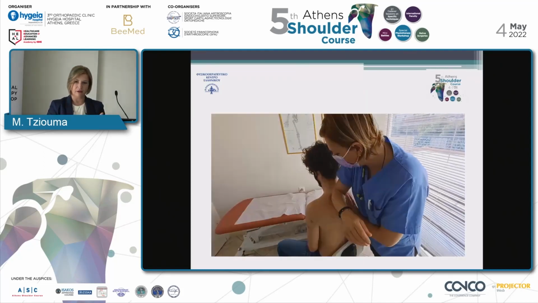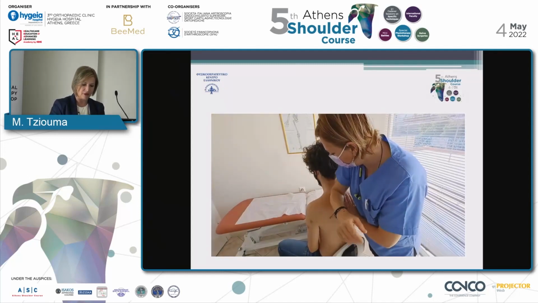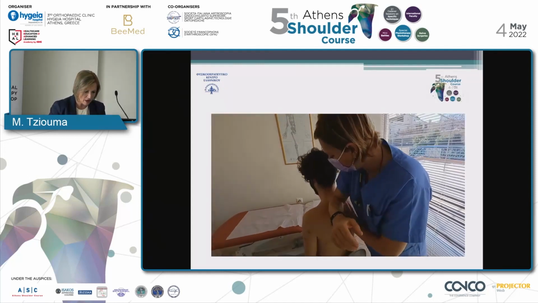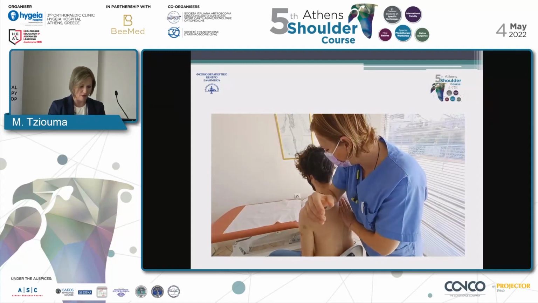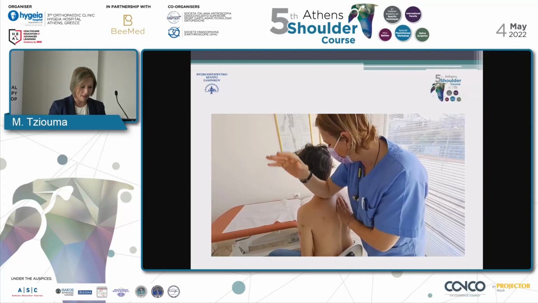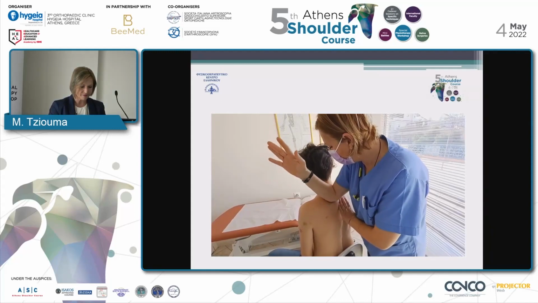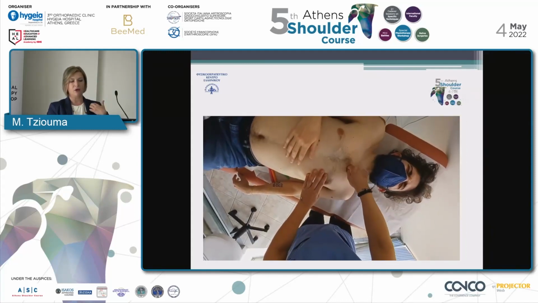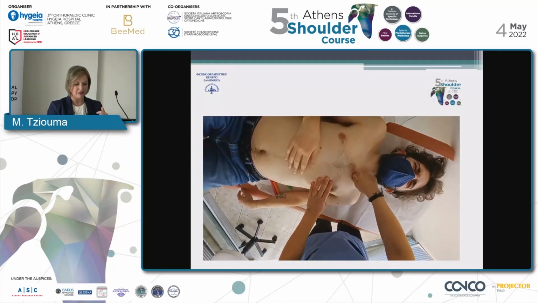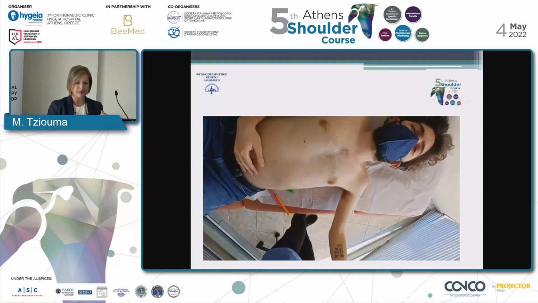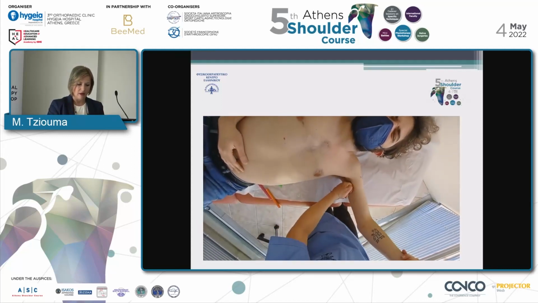Here is the method in the upper part of the trapezius. In the sequence line, you can see that I have put spots where the points are. And I work in the anterior part of the body, the chest. Here, first you feel pain. It's very, very brief.